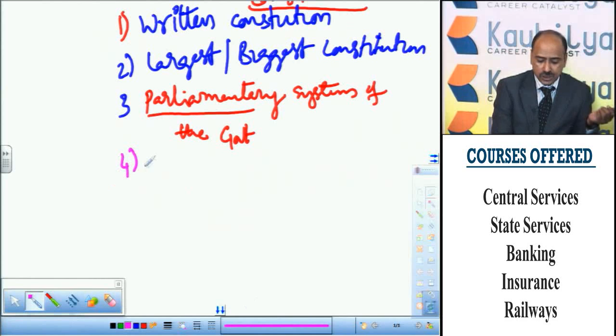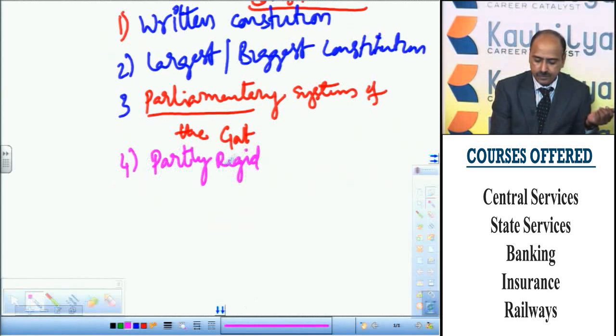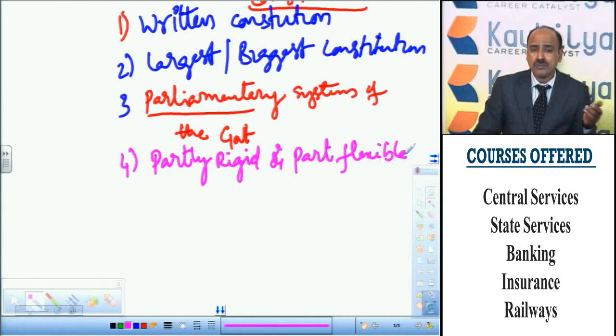Next, our constitution is partly rigid and partly flexible, semi-rigid or semi-flexible. Some parts of the constitution are amended with great difficulty, some parts very easily.